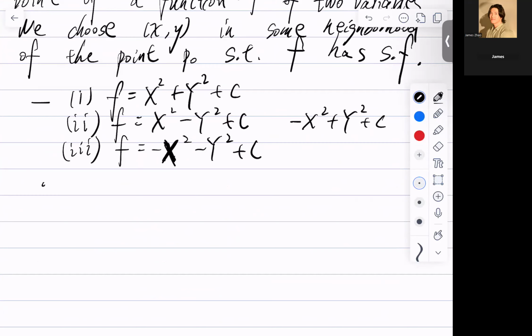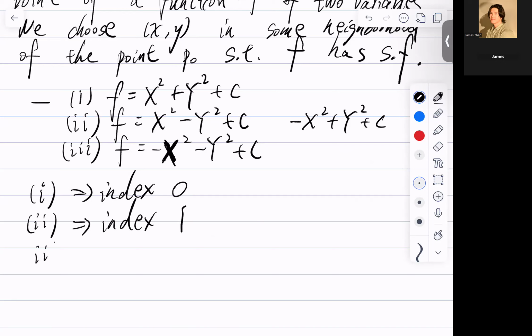For the first case, we have index 0. The second case, we have index 1. And the third case, as you can probably guess, we have index 2.